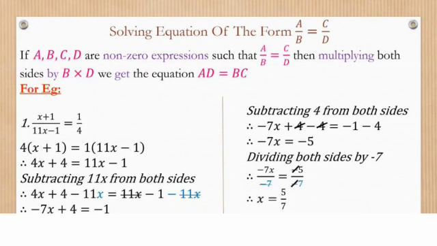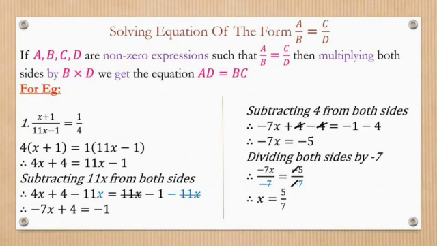Solving equation of the form a upon b is equal to c upon d. If a, b, c, d are non-zero expressions such that a upon b is equal to c upon d, then multiplying both sides by b into d, we get the equation AD is equal to BC.